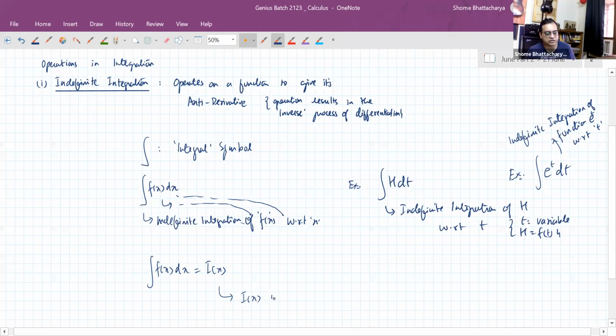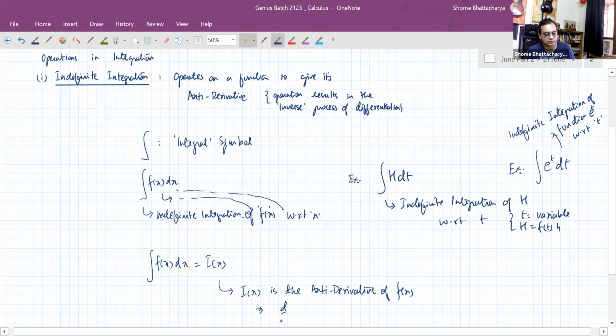So I(x) is the antiderivative of f(x), which implies that if we differentiate I(x), we will get f(x).